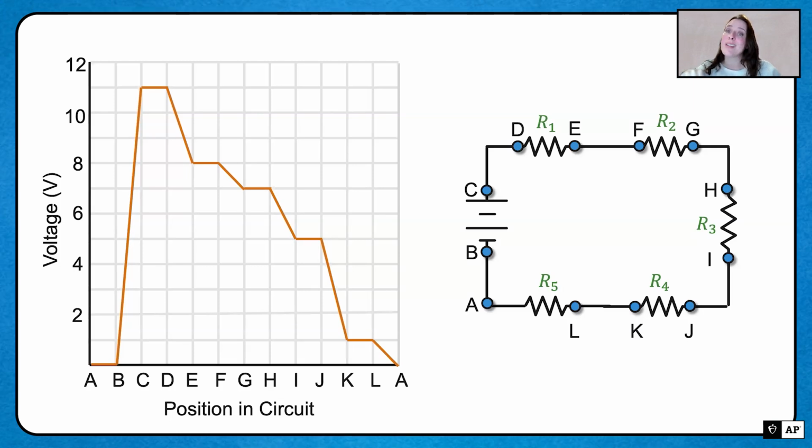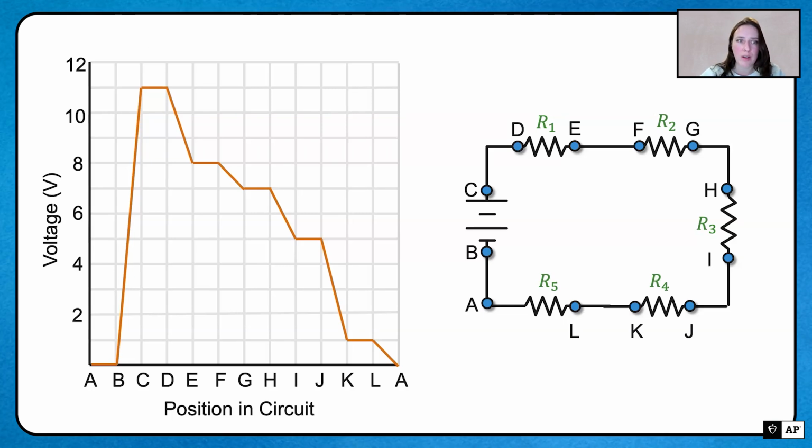So the only thing that's going to be different for all of these little resistors is the voltage drop across them. And from Ohm's law, V equals IR, if I have the same current but more resistance, that means my voltage is going to be larger across that resistor. That resistor is going to have a larger potential drop.